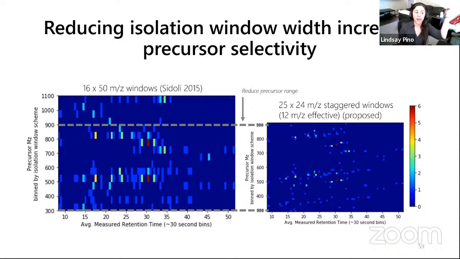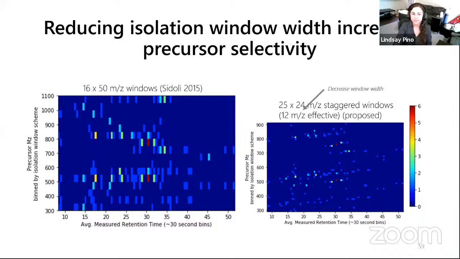Instead of acquiring the 900 to 1100 MZ range, up here, a lot of these precursors are actually just lower charge states of things that are down in this busier section of the method. So we'll cut out these lower charge states and focus on these higher charge states that are down in the range of 300 to 900.